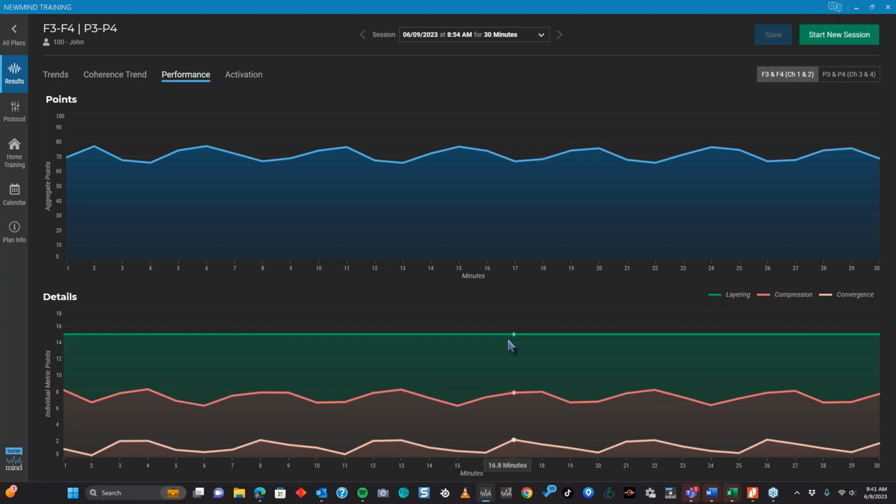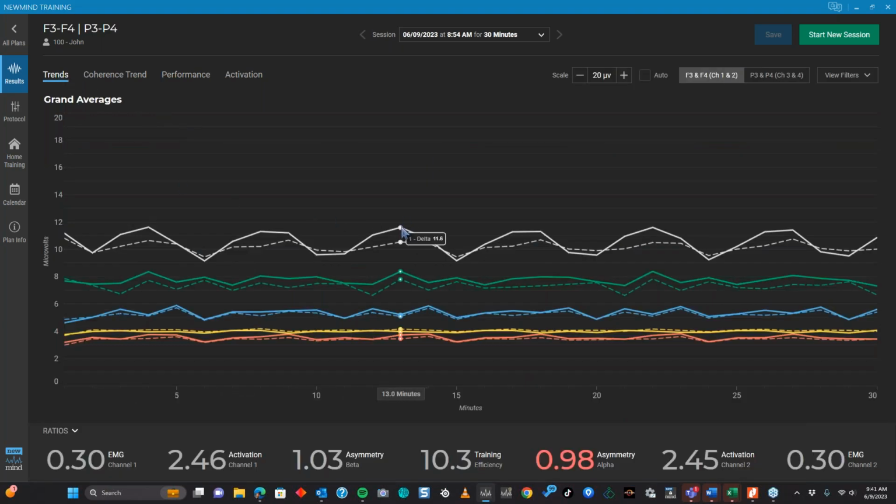As this compression line starts coming down, that means we're squashing down delta and theta, which also means your activation numbers are going to drop. And just the opposite: the longer we train them, say with protocol 4, we'll see the delta and theta drop, and as that does, we'll get the activation to drop.